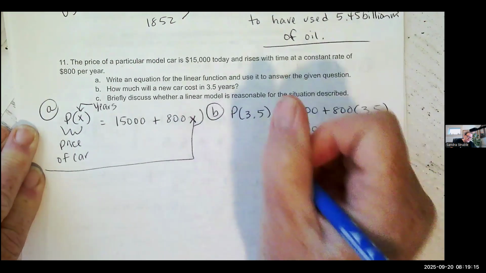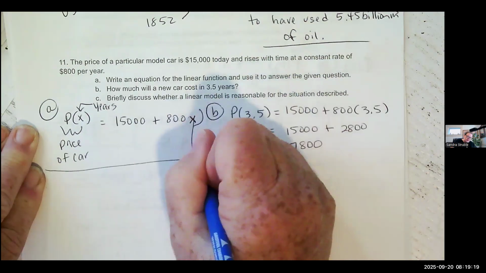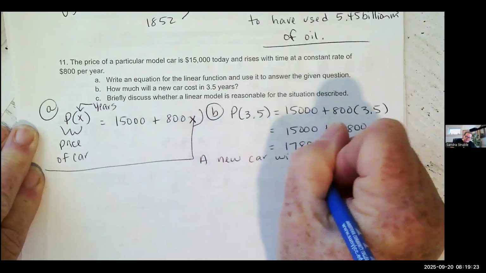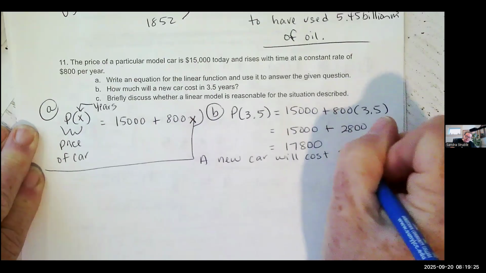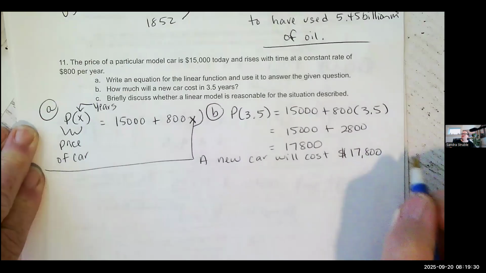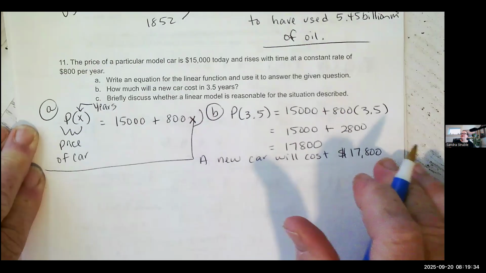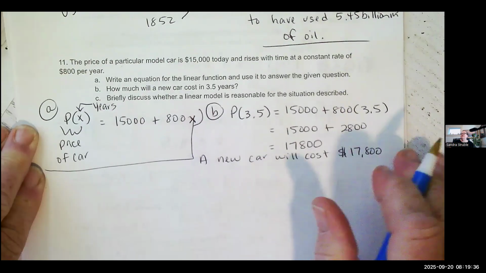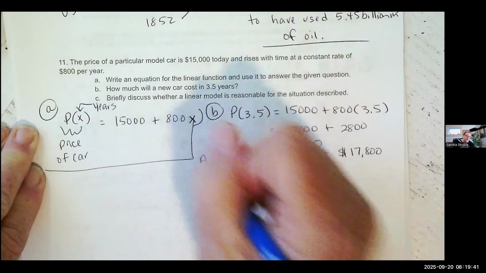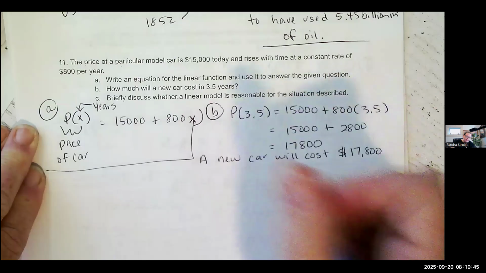So a new car will cost, don't forget your dollar sign, $17,800. Now, notice I'm not putting .00. I can, but because there's no decimal, as far as there's not 0.5 or 0.8, I don't need to. $17,800 is legit as long as there's no change involved. So it will cost $17,800 in 3.5 years.